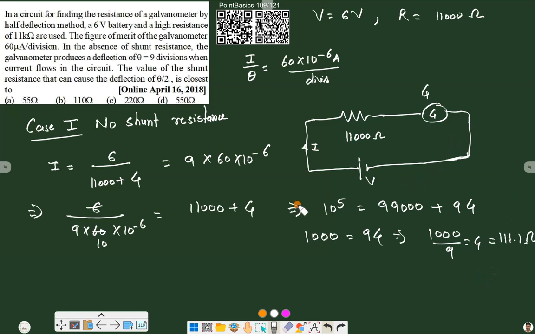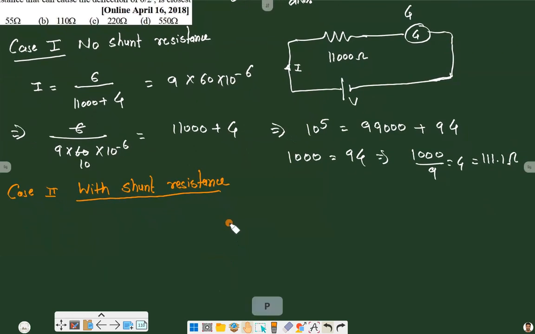Now going to the second part, case 2, with shunt resistance. With shunt resistance, our circuit will look something like this: we have 11,000 ohm resistance here.